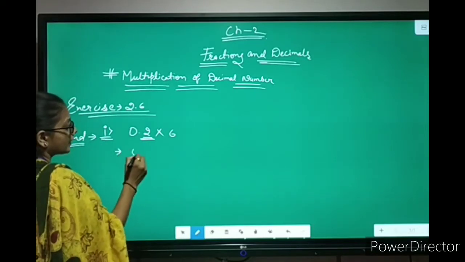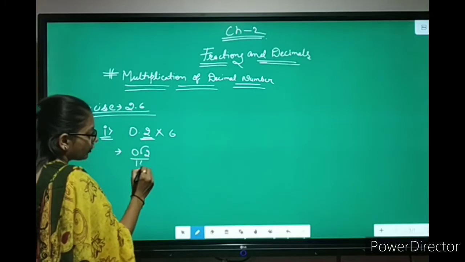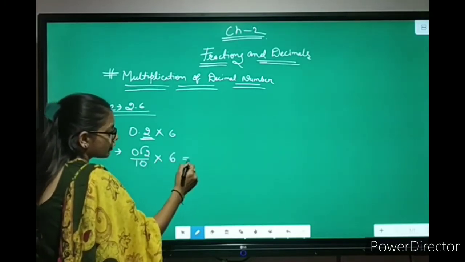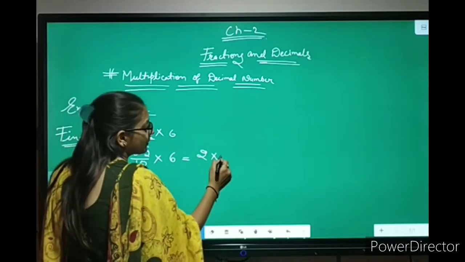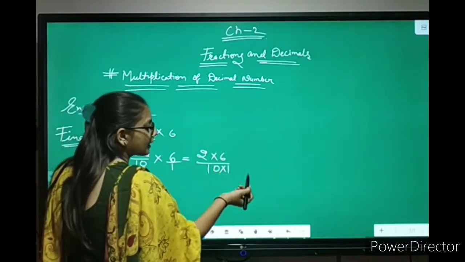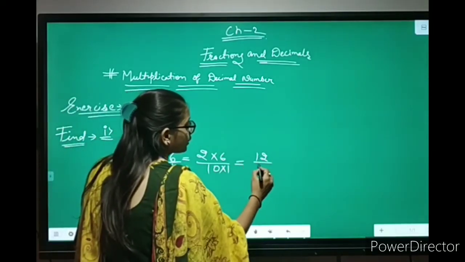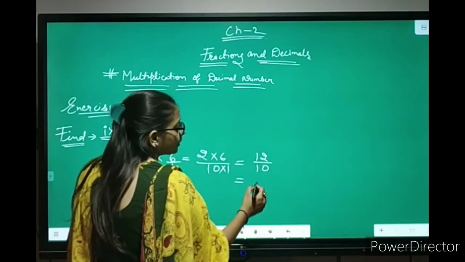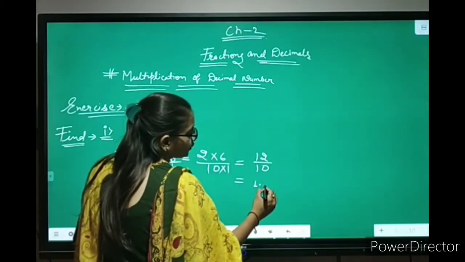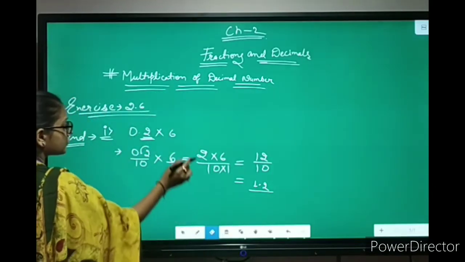So we can write 2, remove the point, upon 10 multiply 6. So easily we multiply 2 multiply by 6 upon 10. Denominator is 1, then 10 multiply by 1. 2 6s are 12 upon 10. Put the point before one digit. 1.2 is the answer.